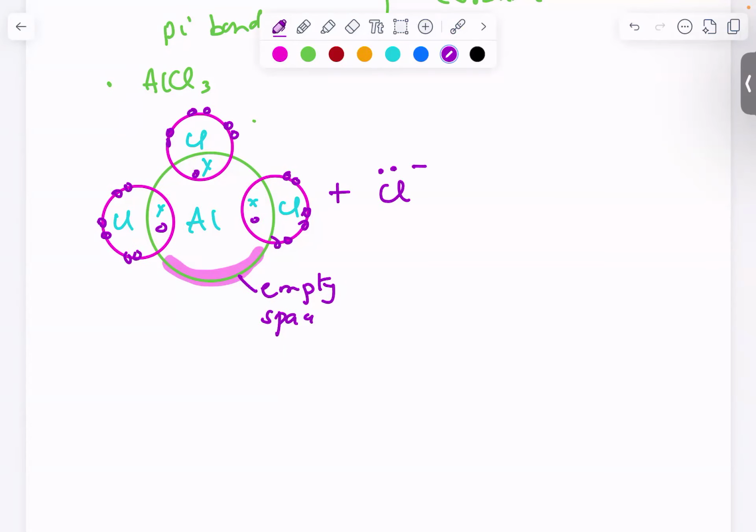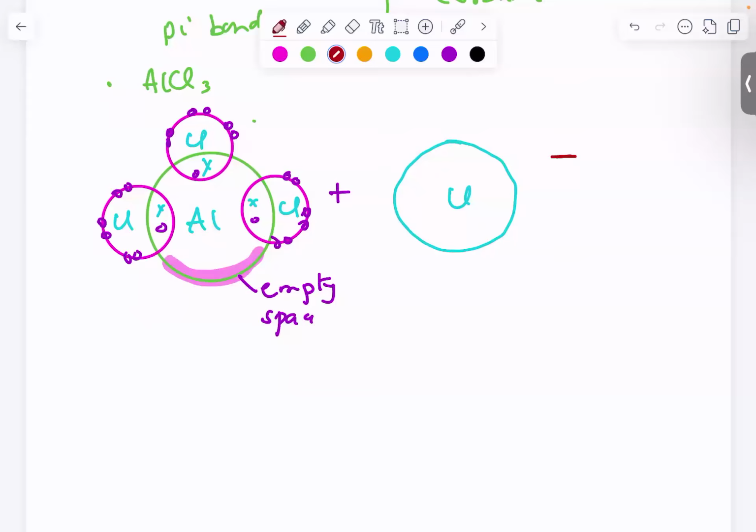Now what is going to happen? The chloride ion would give its electron pair here. Let me draw it in this way, then it will be very clear to you. Let me draw the chloride ion like this, Cl negative, so it is an ion.